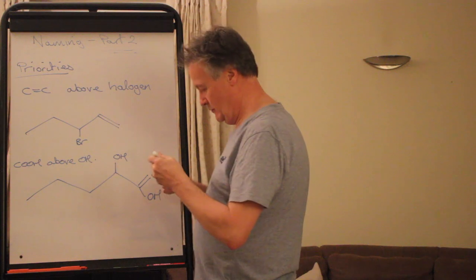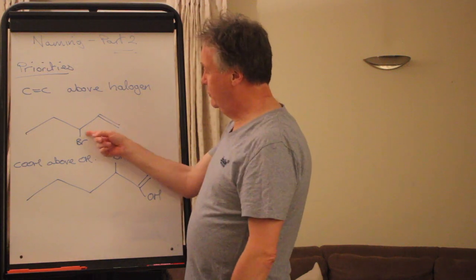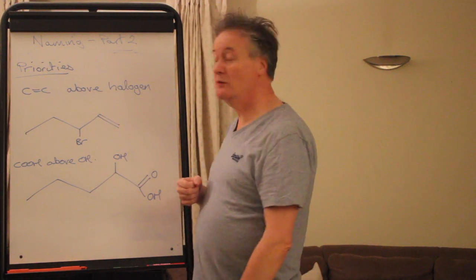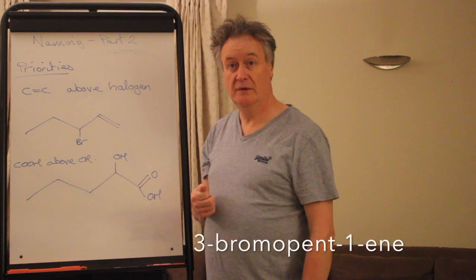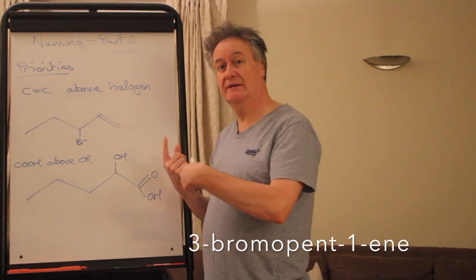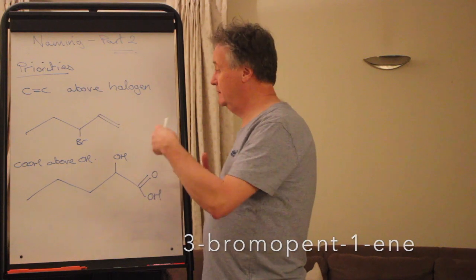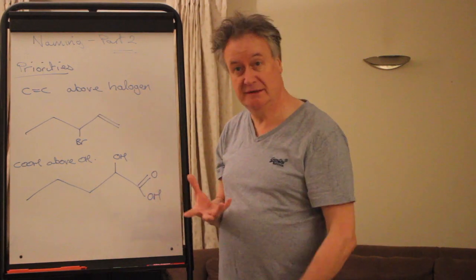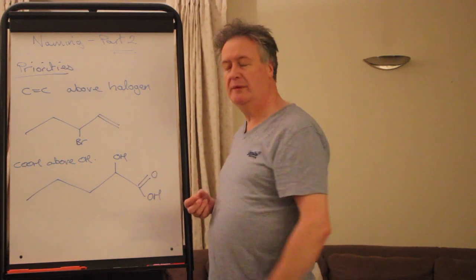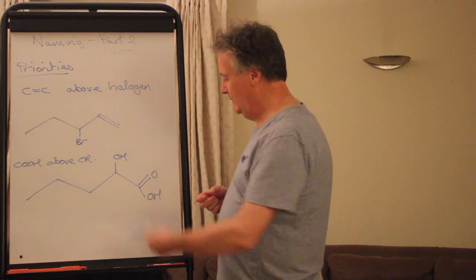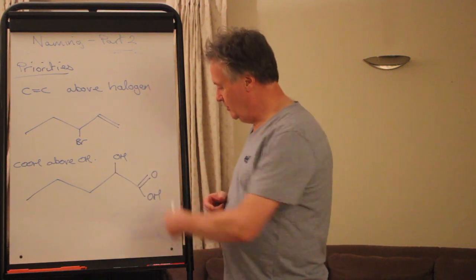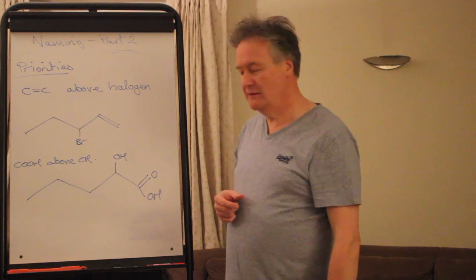So the name for that will be 1, 2, 3, so it'll be 3-bromo pent-1-ene. It will not end in ane to say it's a bromo compound, because it's unsaturated. The unsaturated has a higher priority. So 3-bromo pent-1-ene. Here, the carboxylic acid group has priority over the OH.